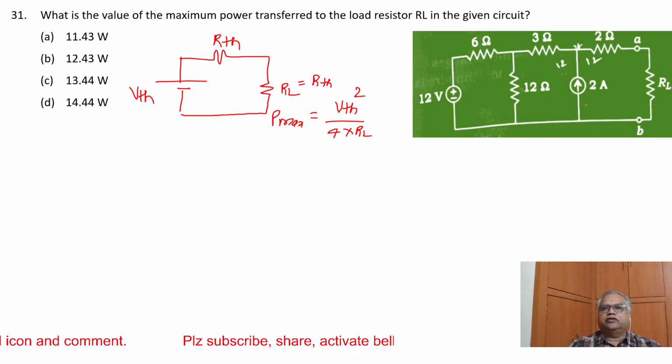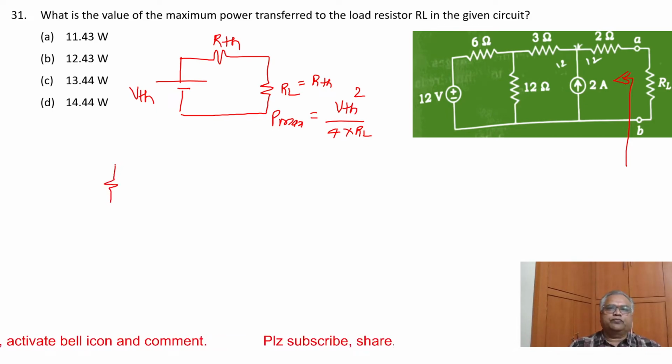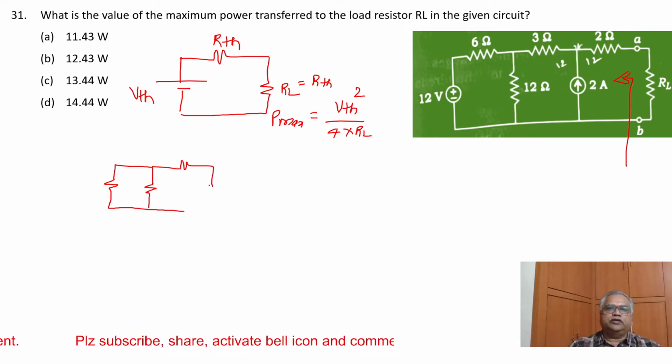To find R Thevenin, always look from the load, with voltage sources shorted and current sources open. The resistors are 6 and 12. This is 3. The current source is open.